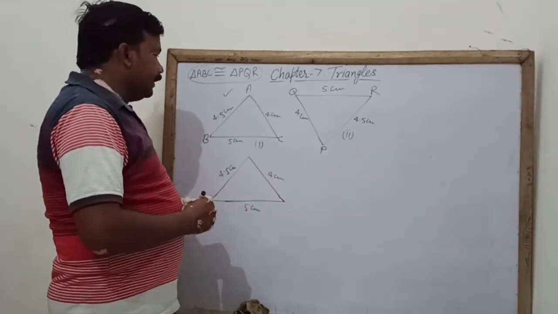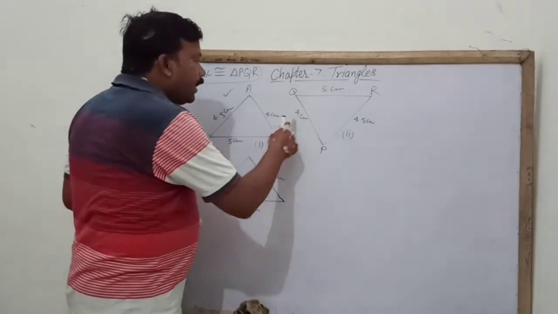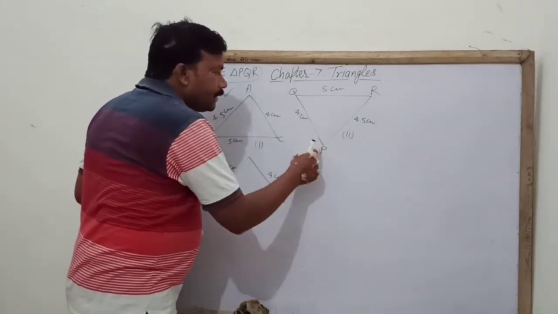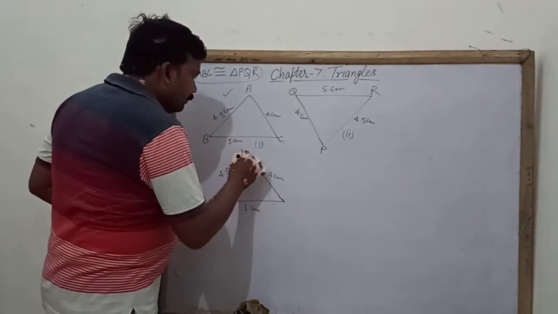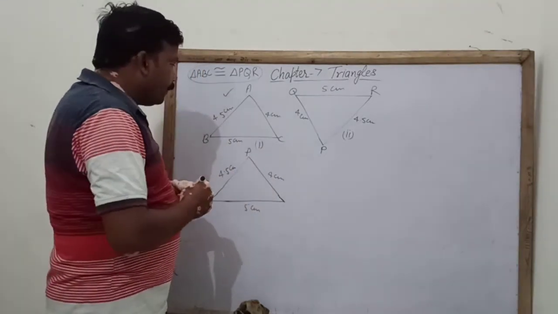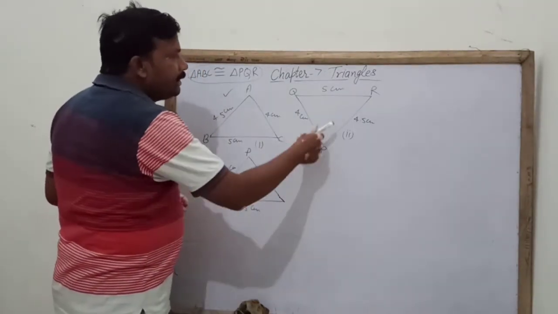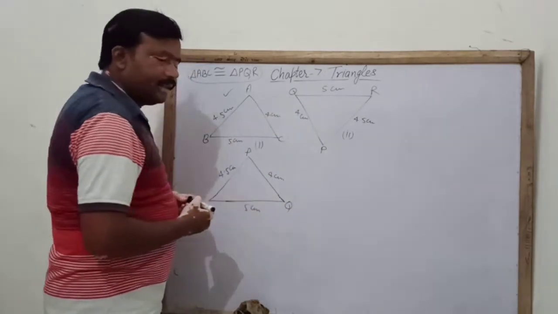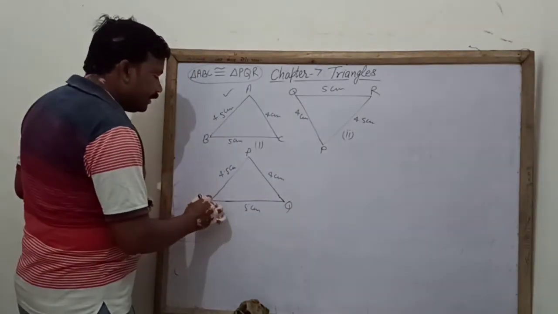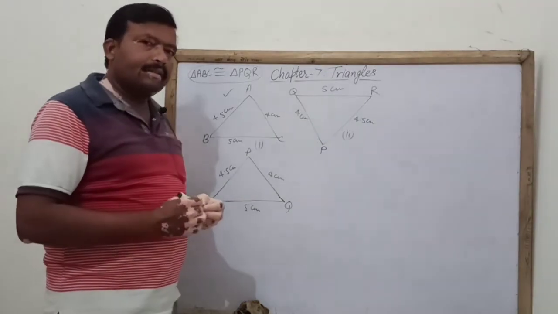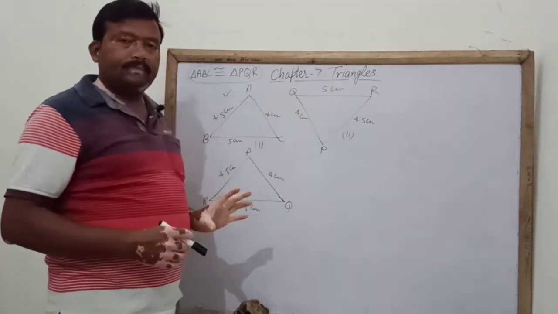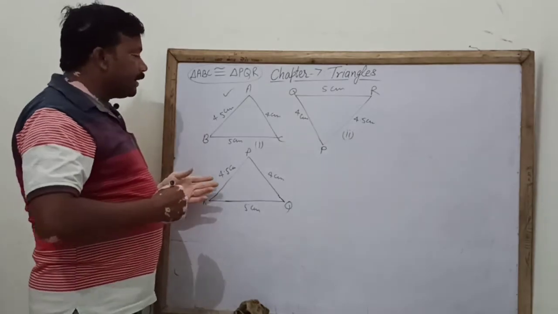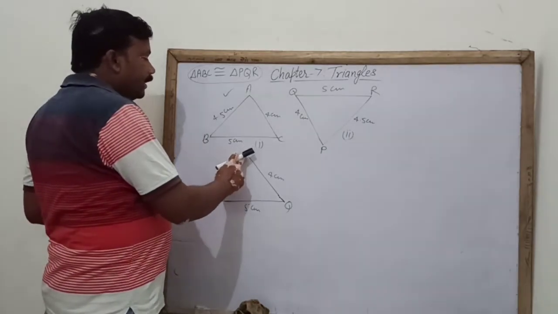The vertices with 4.5 and 4 centimeter intersect at P, so this point is P, and 4 centimeter and 5 centimeter intersect at Q, so this vertex is Q, and then obviously this vertex will be R.